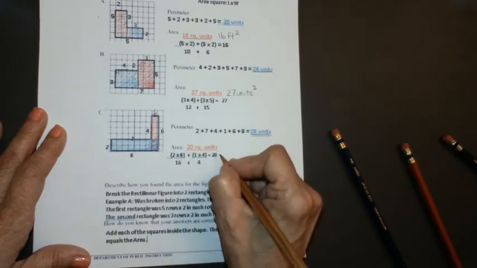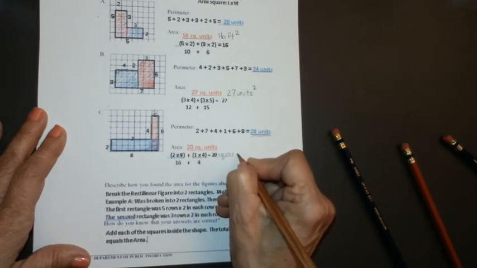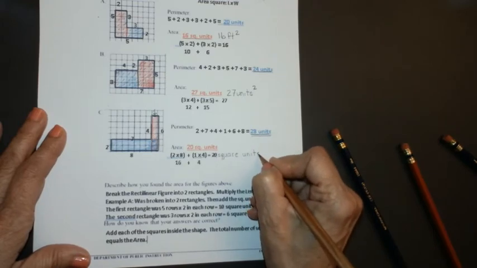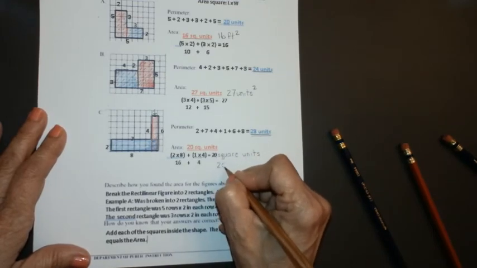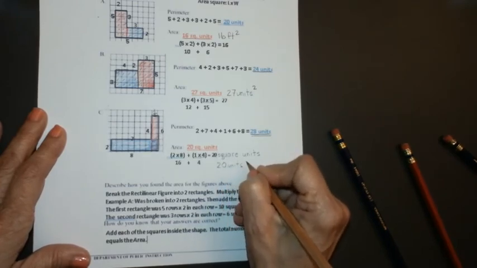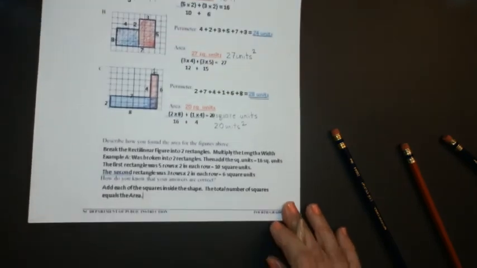So 20. And you can write the whole word out, square units, or you can write it as 20 units squared.